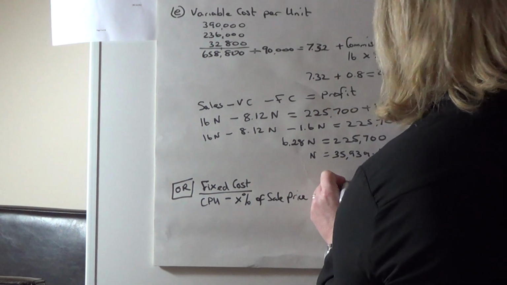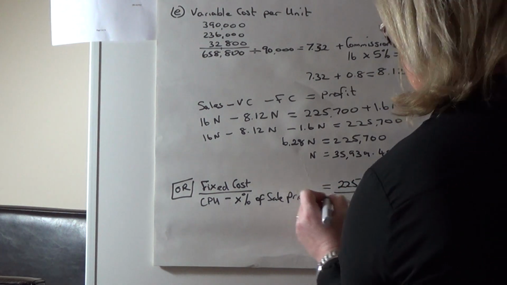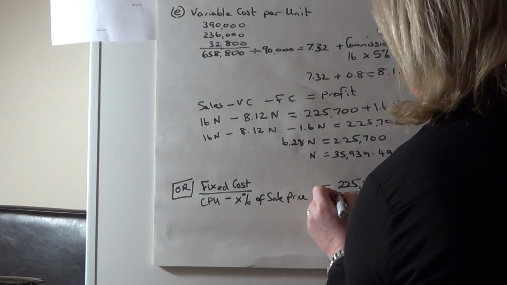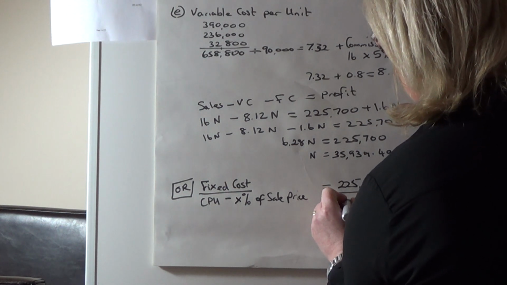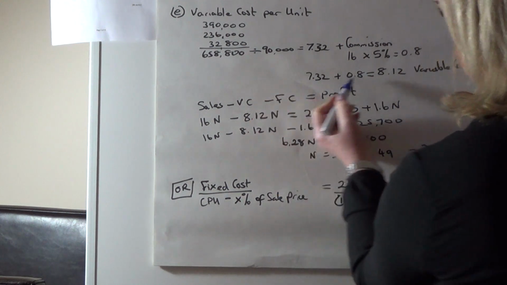So in other words, your 225,700 over the contribution per unit, so that would be your sale price of 16 minus the 8.12 that we had to calculate up here.